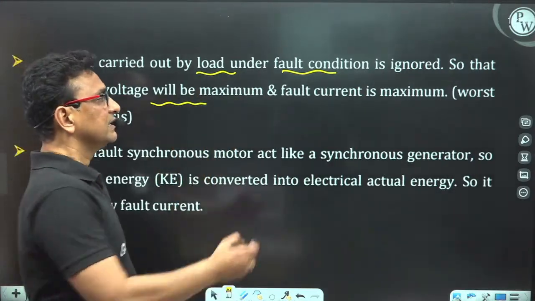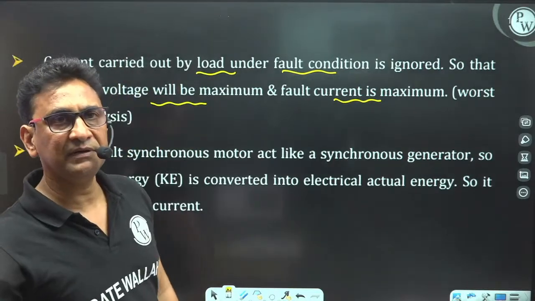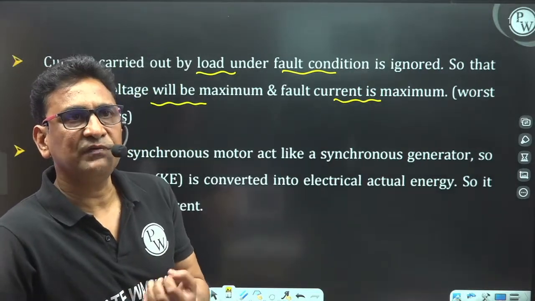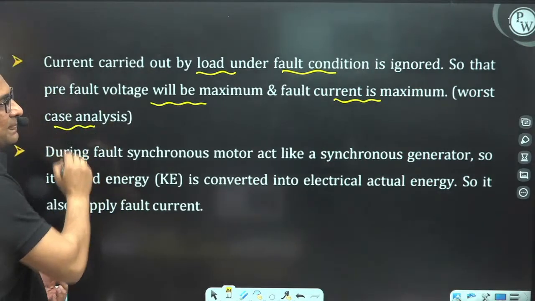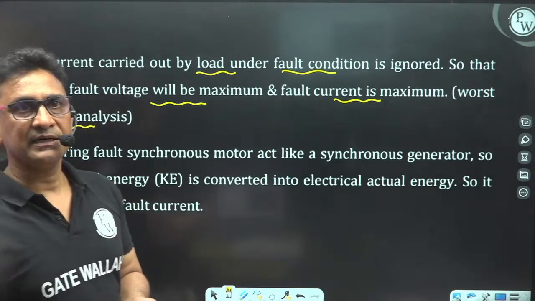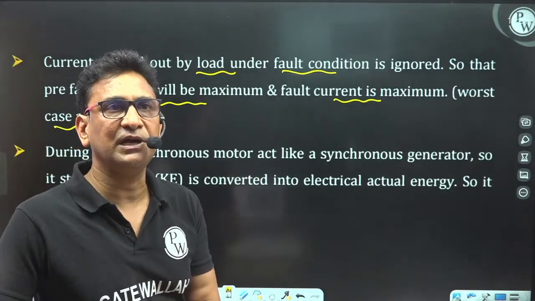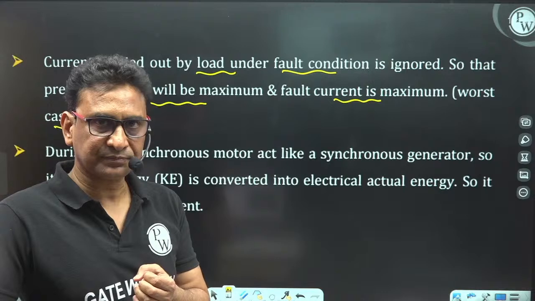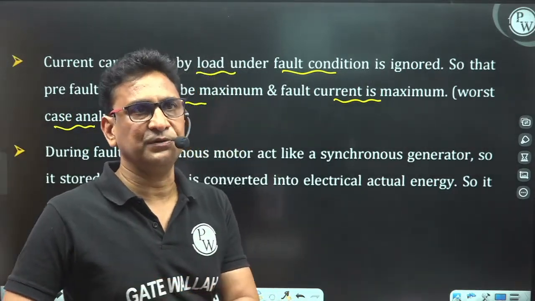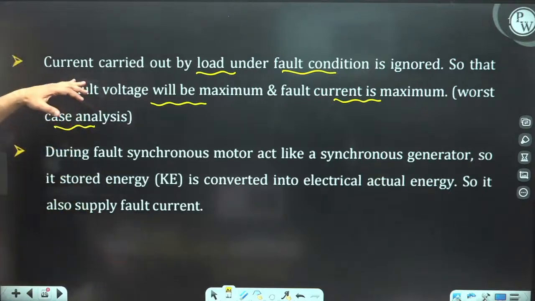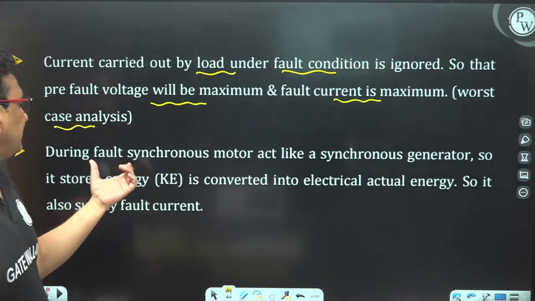That means in this assumption, the value of fault current will definitely be more than the actual value of fault current. So we are taking the worst case analysis. That means the calculated value of fault current will be more than the actual value. So we analyze the power system in the worst case scenario. Clear?